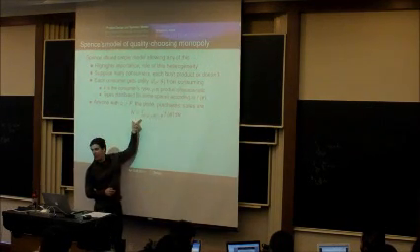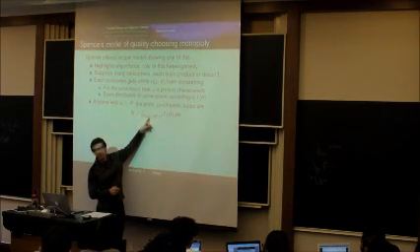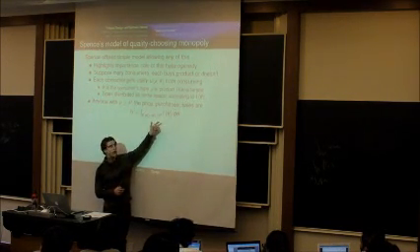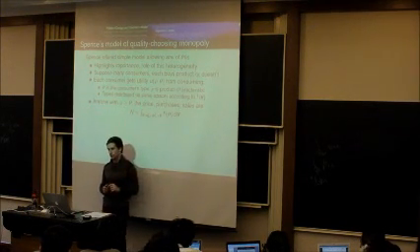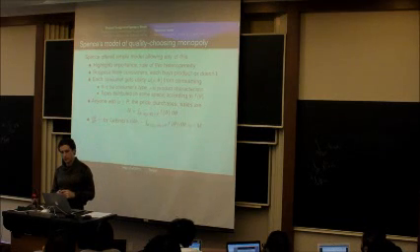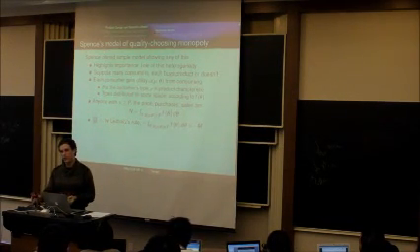And so the number of people participating is the integral over all people who have a utility greater than the price of the number of people like that there are, d theta.